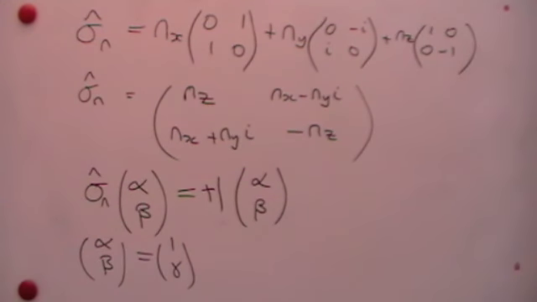Total sum of probabilities must equal 1. So I'm going to have to normalize this anyway, so it doesn't really matter if I change it from alpha beta to 1 and gamma, because I will then have to find out what the normalization factor is. But first, let's see if we can work out what gamma is.